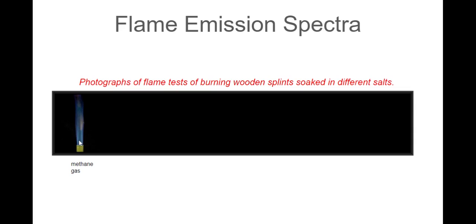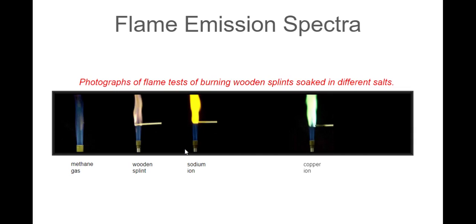But you see here is just the gas coming through the Bunsen burner. If you put just a piece of wood in there, you can see the color that it burns. If you add different elements to that wood, sodium you can see burns a nice bright yellow. Copper burns a green color.